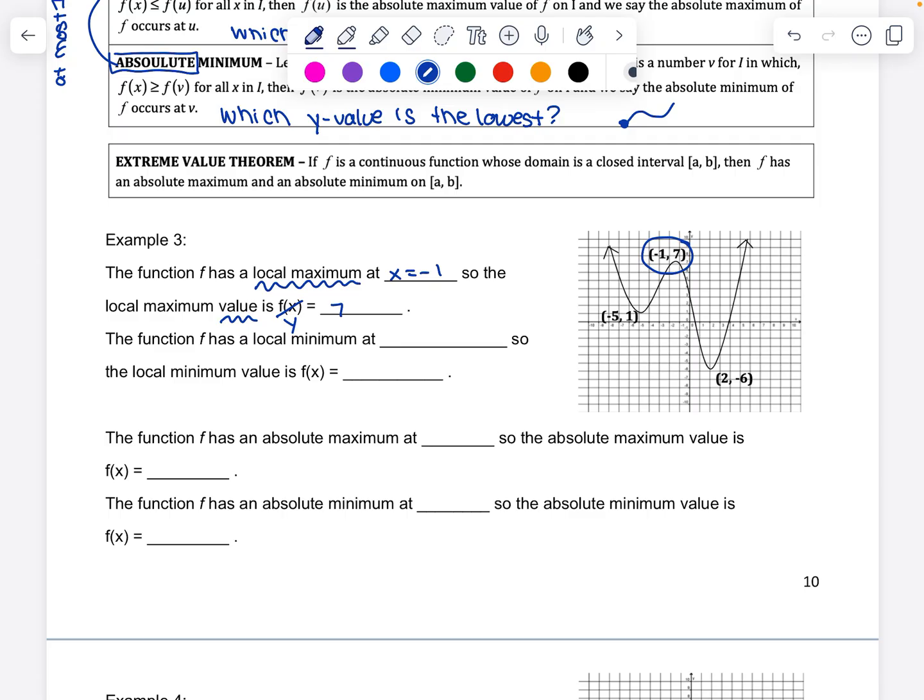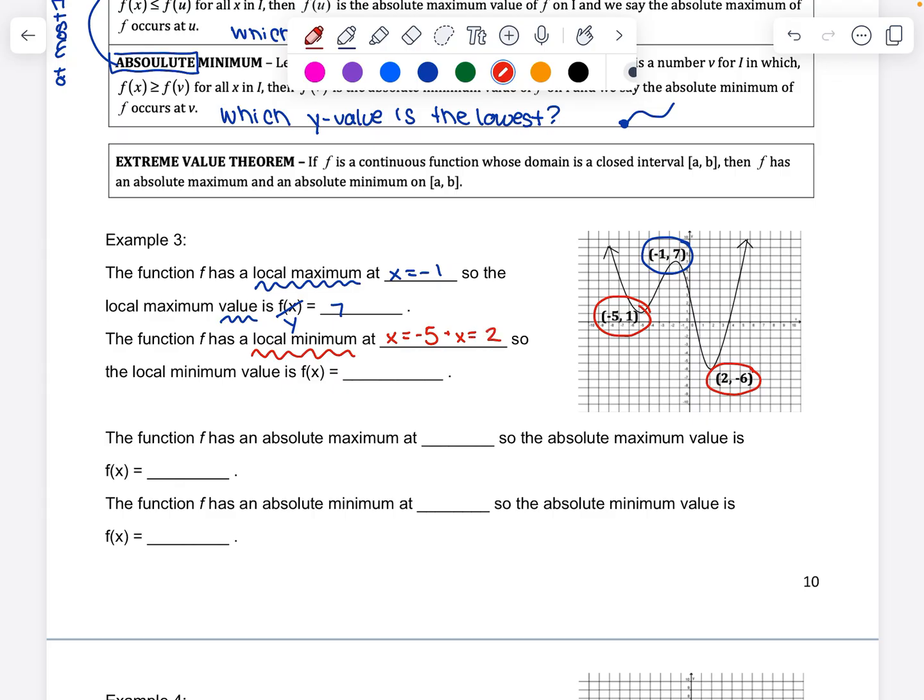It has a local minimum at, so now let's look at the local minimums. Remember, local minimums can have more than one. So here we're looking here and here. Those are going to be the valleys, okay? So we have two of them. We have them at x equals -5 and at x equals 2.